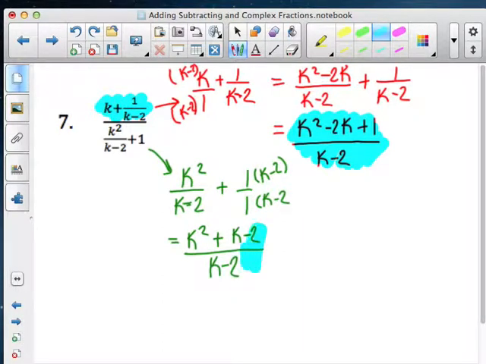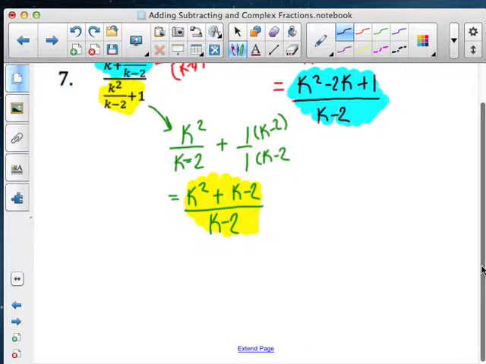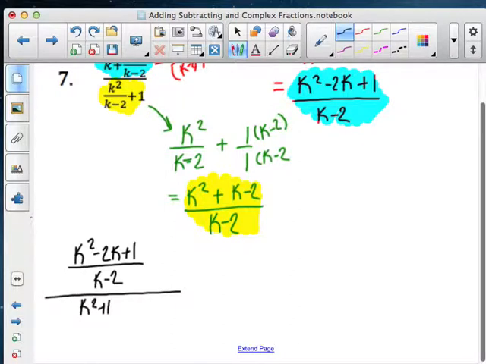And here's my denominator. So I'm going to rewrite my problem as k squared minus 2k plus 1 over k minus 2, all divided by k squared plus k minus 2 over k minus 2.